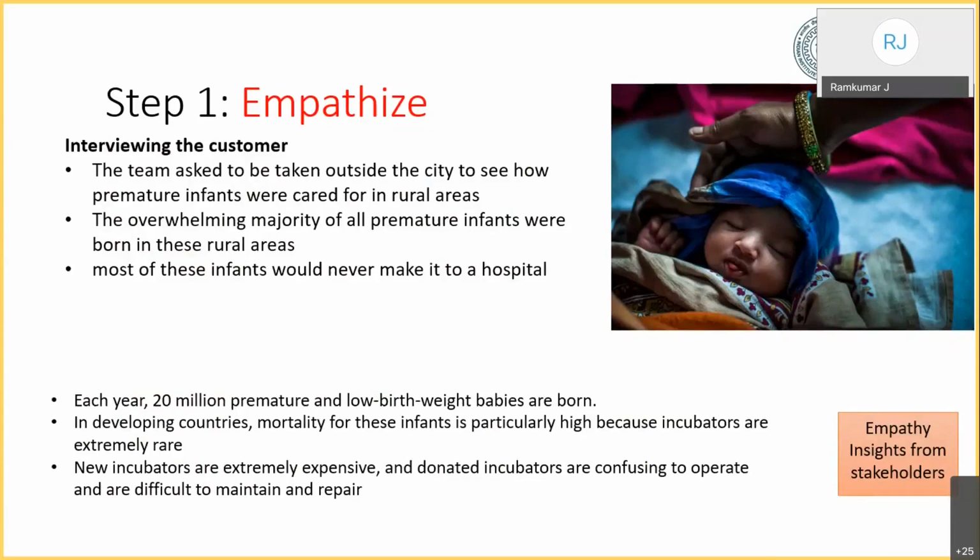Interviewing the customer, the team asked to be taken outside the city to see how premature infants were cared for in rural villages. The overwhelming majority of all the premature infants were born in the rural village areas. Most of the infants would never make it to the hospital.